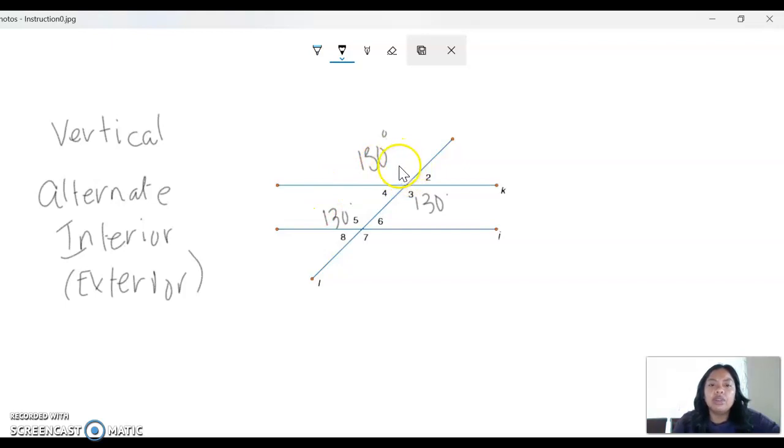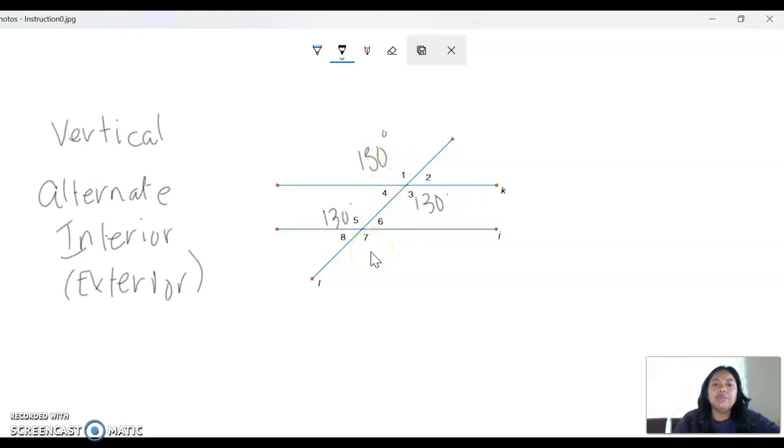Angle 1, not 3, I'm sorry, angle 1 is on the opposite side of the transversal from angle 7, and they're on the outside of the parallel lines. So we call that alternate exterior angles. If 1 is 130, 7 is 130 as well.